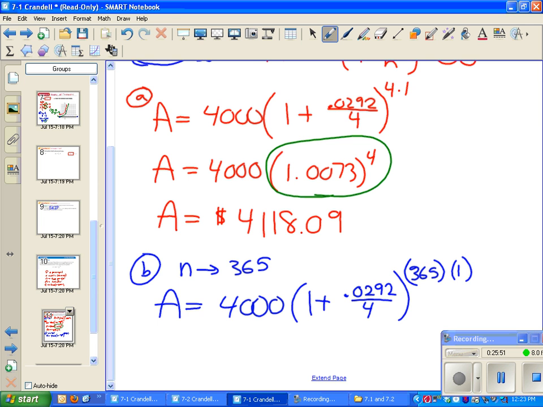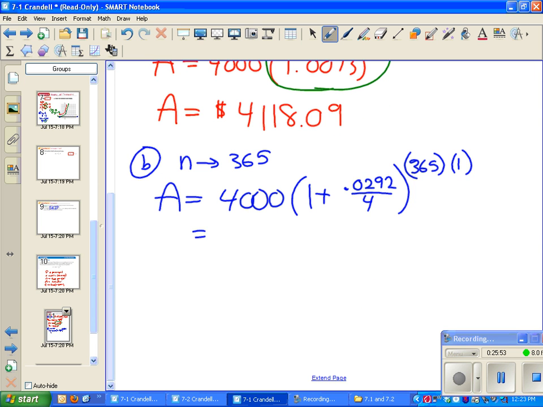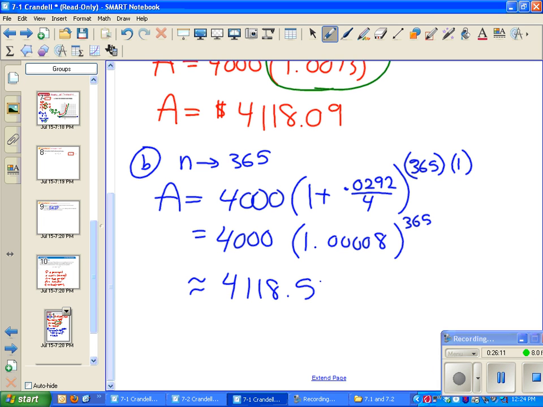Okay. So then this is going to be 4,000, and when you simplify the inside, it's going to be 1.0008 raised to the 365th power. Now when you do that, you should get approximately this. So let's see, did it help?